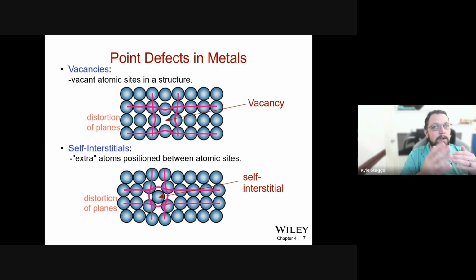So a self-interstitial is the same size atom that's pushed its way into what may have been a vacancy, or may have just pushed its way into another plane, and so it creates a ripple going the opposite direction, basically trying to create tensile stress, so it's going in the opposite direction of a vacancy, and that's going to cause the ripple to propagate in the same sorts of directions along those distorted planes.